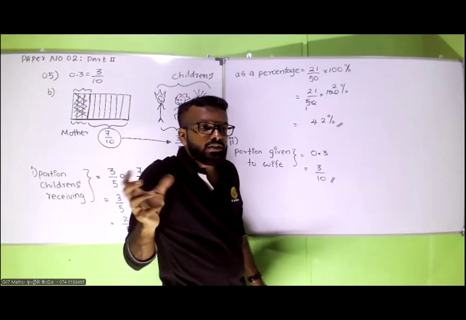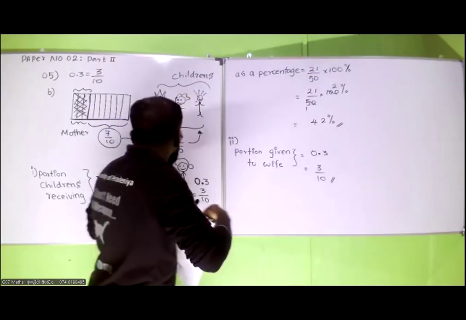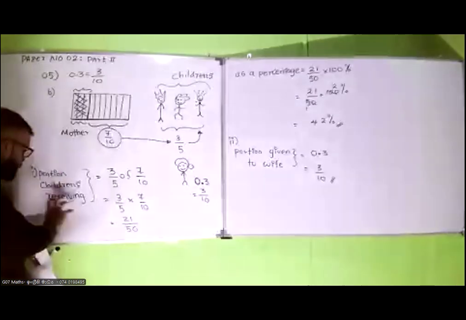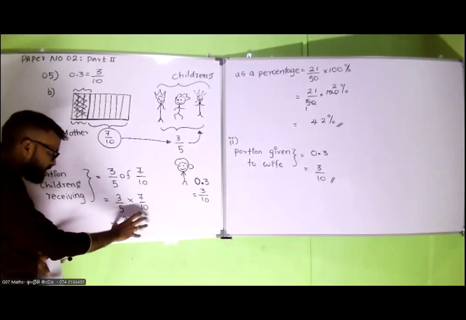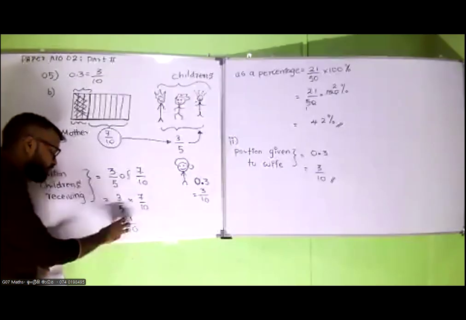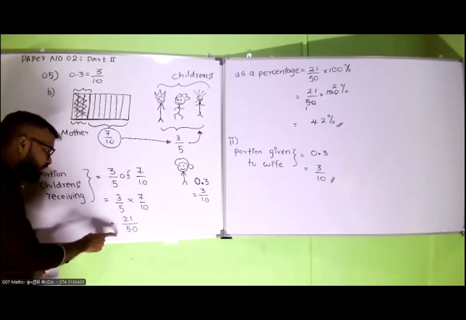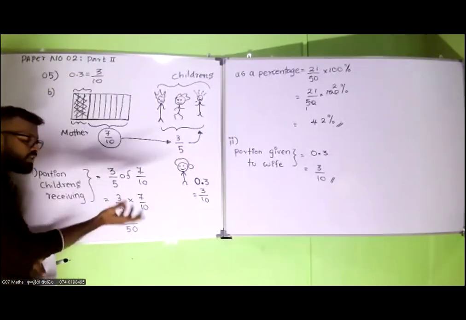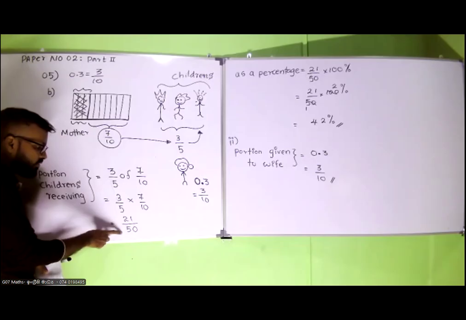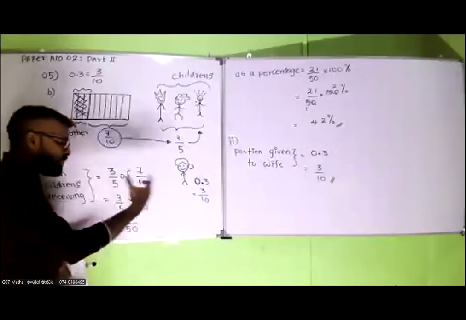This is the portion received by children, 21 upon 50. So the rest of the fraction is with the father.